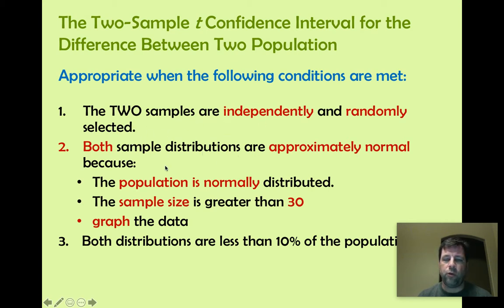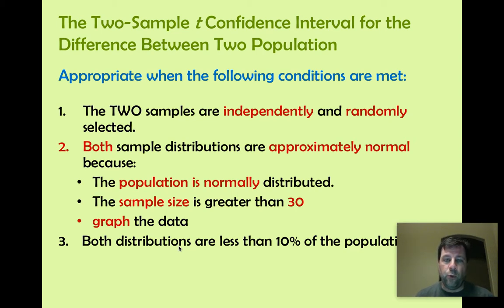Both distributions are approximately normal, because either the population is normal, which never happens. I don't think I've ever seen this on the AP. Or the sample size is greater than 30, or if it's not, they're going to give you the data and we'll have to graph it. And then both samples are less than 10% of the population.